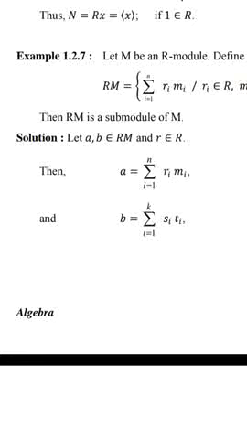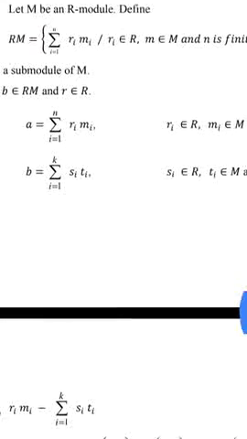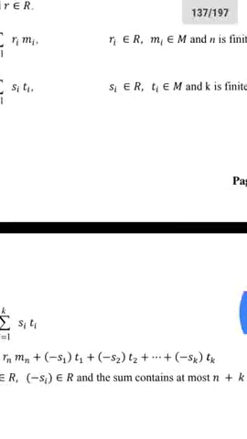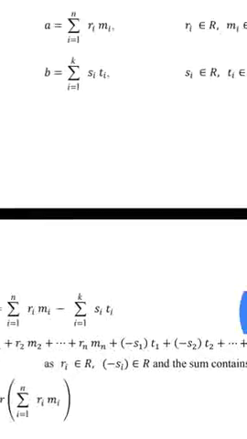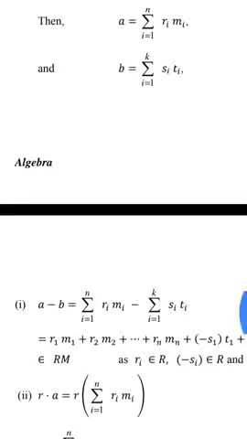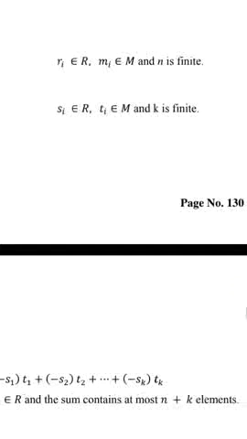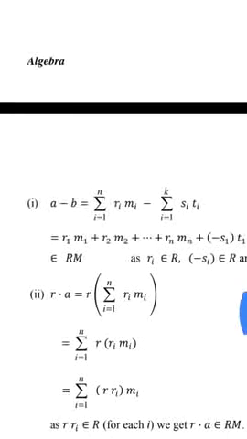Solution: let a, b belong to Rm and r belong to R. Then a is equal to the summation of Ri mi, i equal to 1 to n, where Ri belongs to R, mi belongs to M, and n is finite. And b is equal to the summation of Si ti, i equal to 1 to k, where Si belongs to R, ti belongs to M, and k is finite.